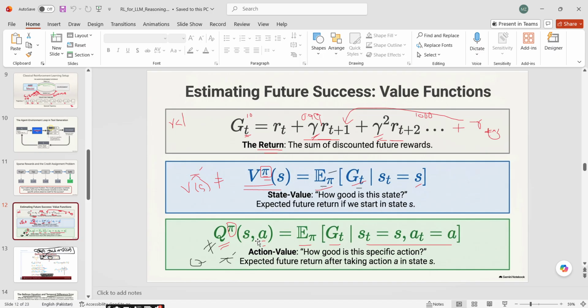Whenever we talk about the state value function or action value function, it is always according to a policy pi. Whenever we estimate the value of a state, it is always according to a policy pi. The same goes for an action.